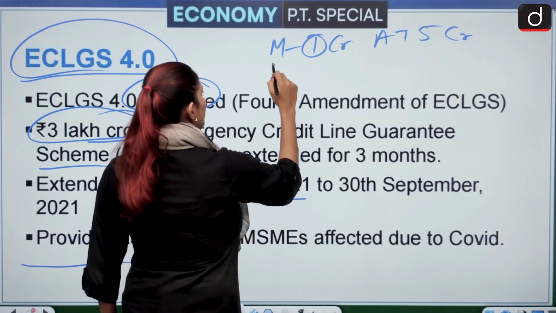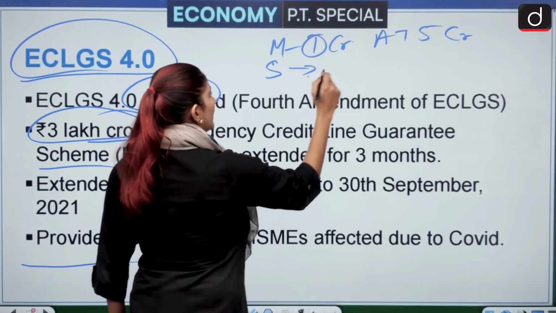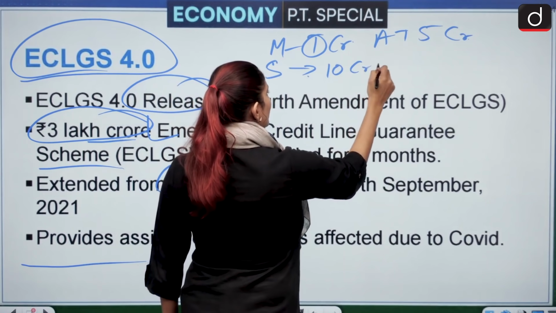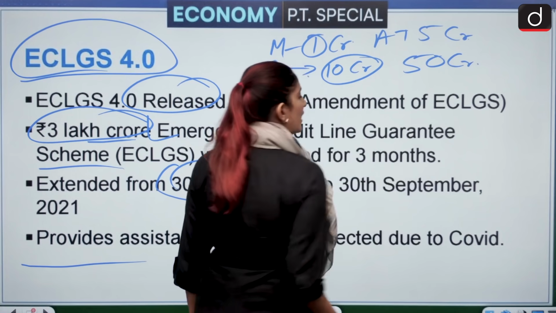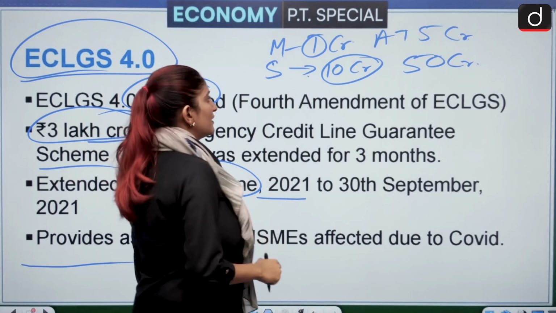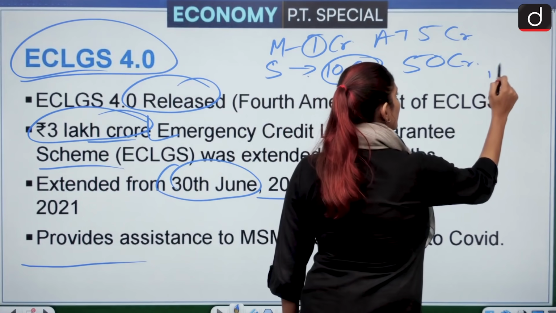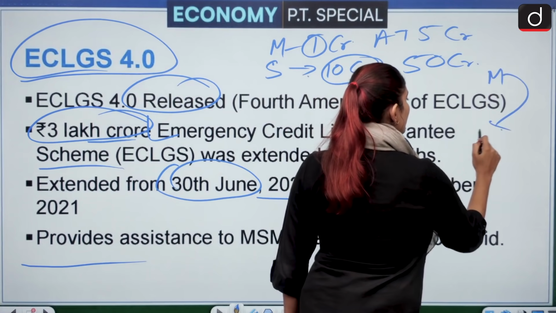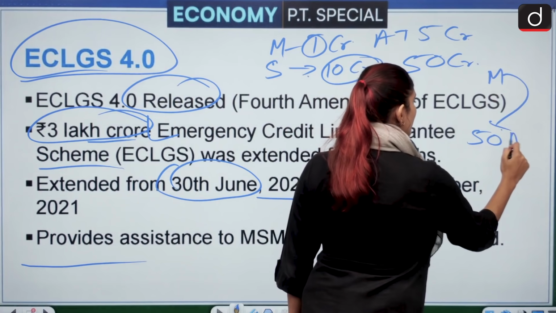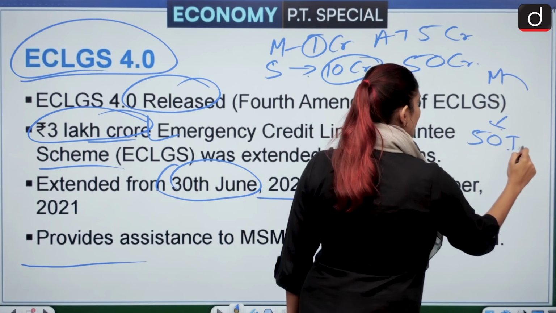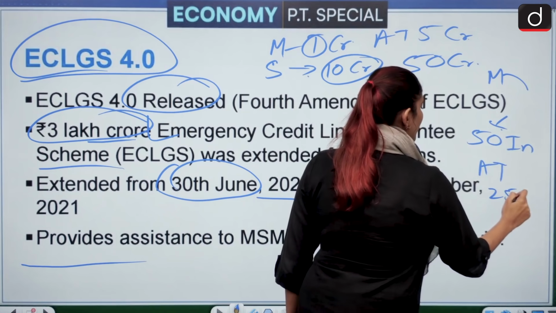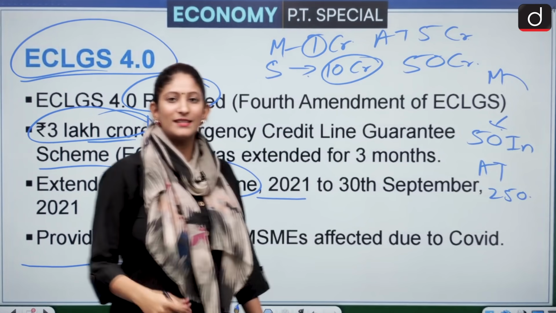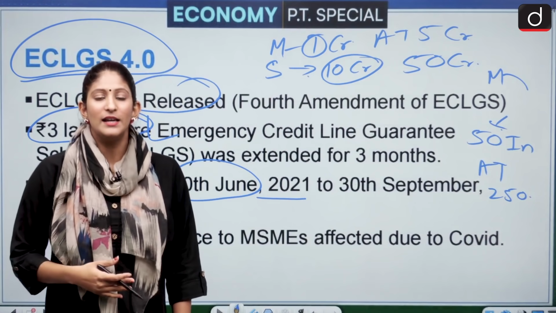Then small is 10 crore in terms of investment and 50 crore in terms of annual turnover. And if I talk about medium enterprises, 50 crore in terms of investment and annual turnover should not be more than 250 crore. So, this is the revised classification of the last year.